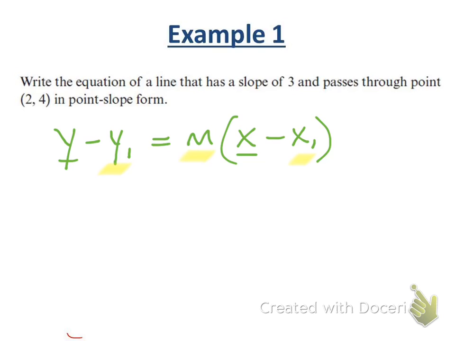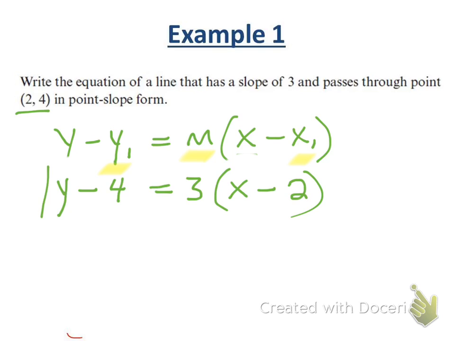This is the slope. So those are the 3 things we'll always be making substitutions for. We're always looking for a point and a slope. All right, our point is 2, 4. So I have y minus 4 equals 3 times x minus 2.